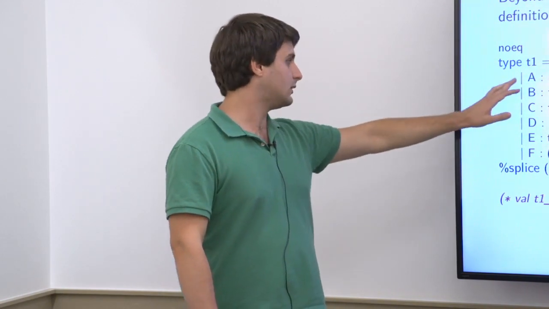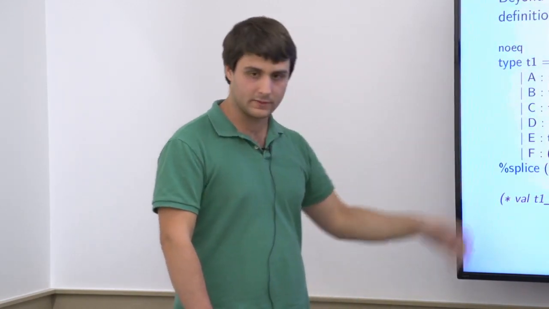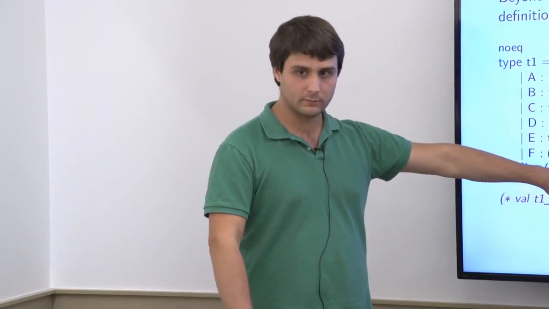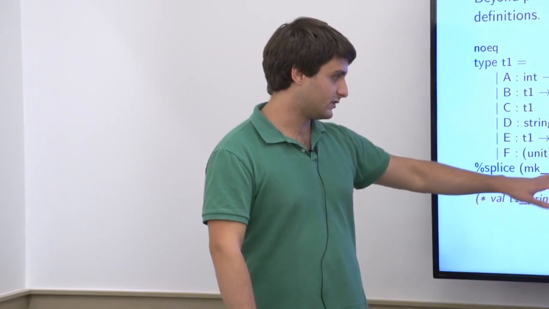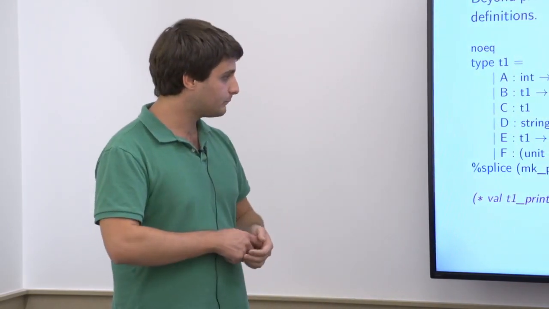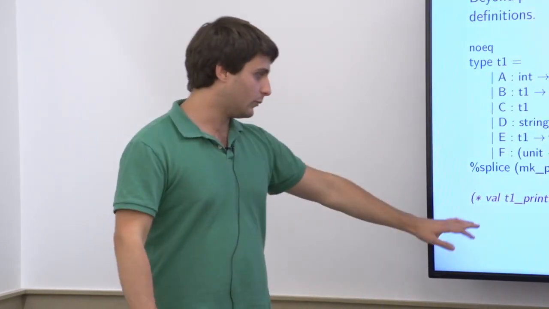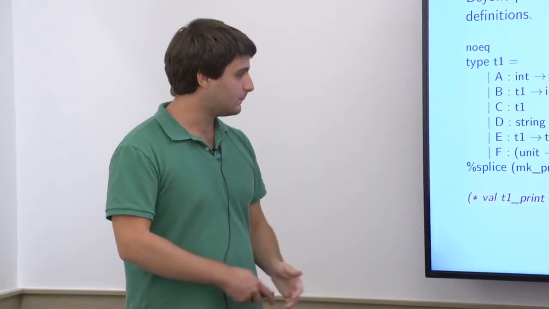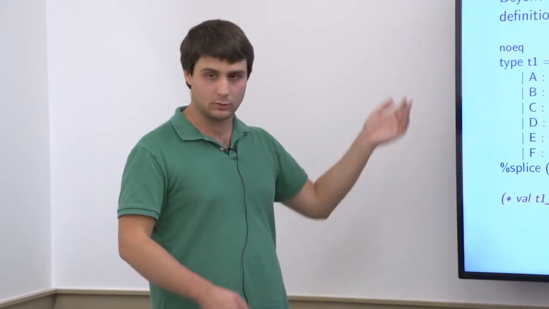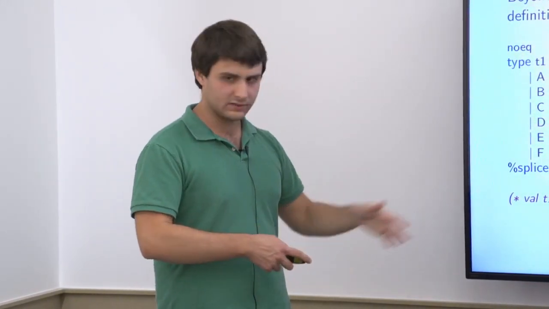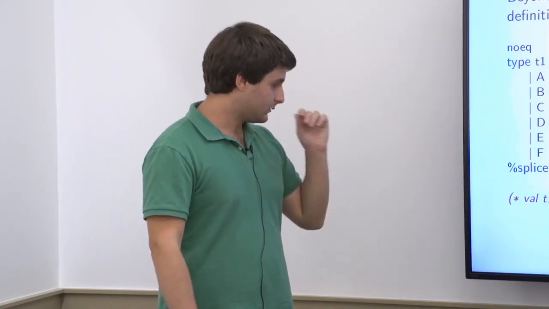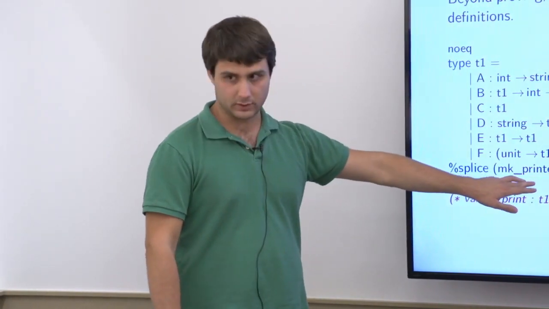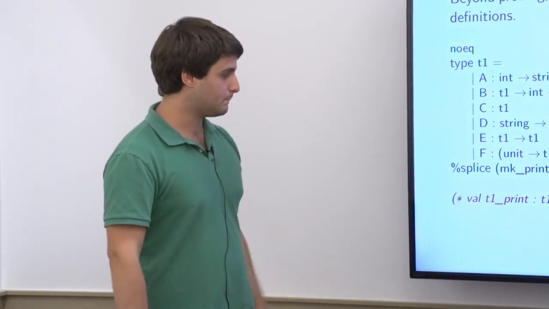We define a type that has some constructors, some parameters in its constructor, and we call this directive, splice, with the mk_printer metaprogram that takes a term, and it's a tac unit, and the thing will actually generate and bring into scope this function, a printer for this type, basically, right? Not in the same way as deriving Show in Haskell or PPX deriving in OCaml, I think. But this is actually all done in user space, right? This metaprogram is completely user-defined. There's nothing special about it.